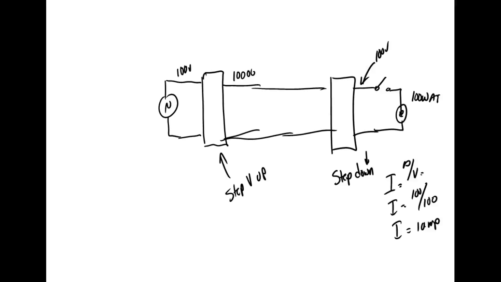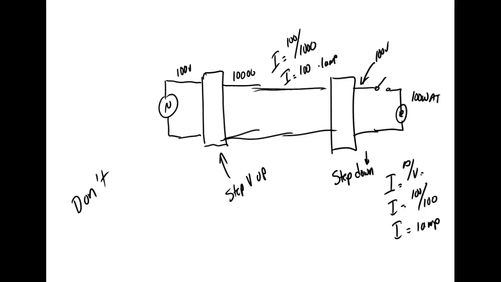You understand that? Now over here, transformers do not change power because power is work. So I can't change power just because the voltage goes up. But over here, I would be equal to P. What's P? 100 watts divided by 1,000 volts. So what would be my I right here? It's going to be 100 milliamps, or 0.1 amp.